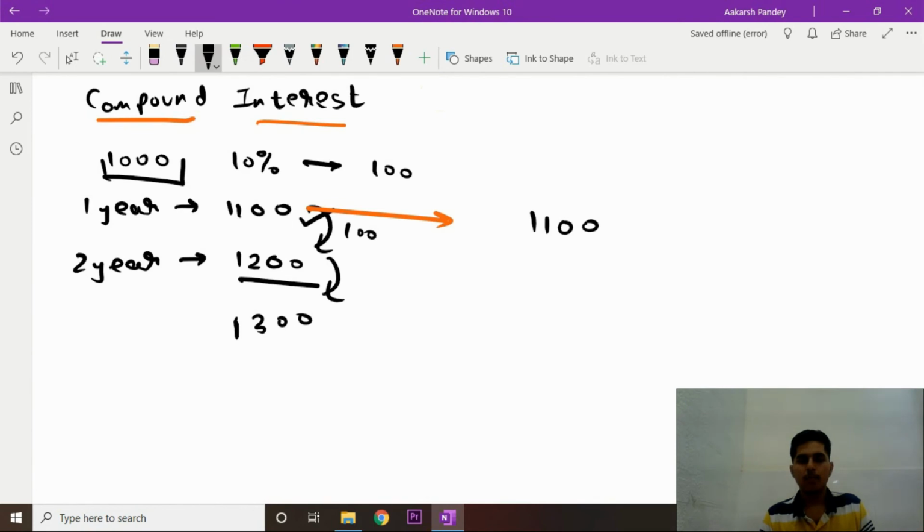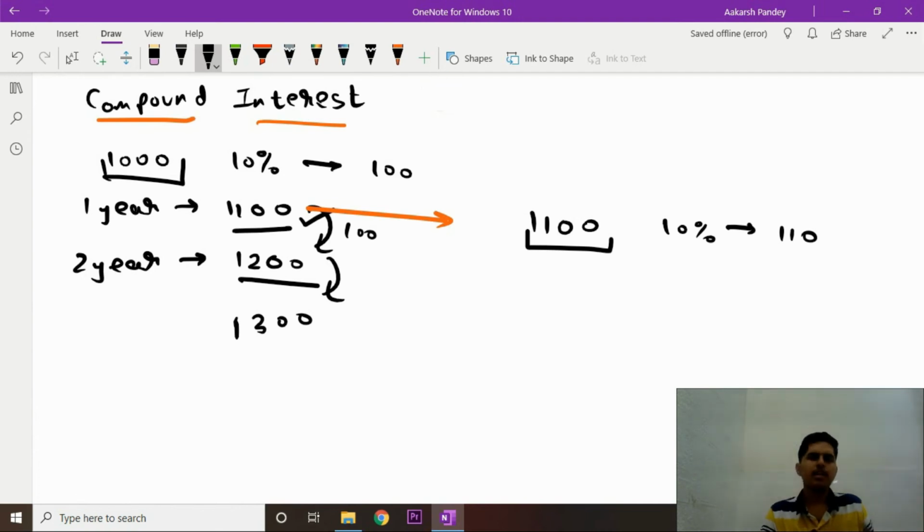1,100. Now because this is my new principal, what will be my new simple interest? We are still calculating simple interest. The bank had said 10%, so according to that I should be getting $110 of interest. So after 1 year I had 1,100.